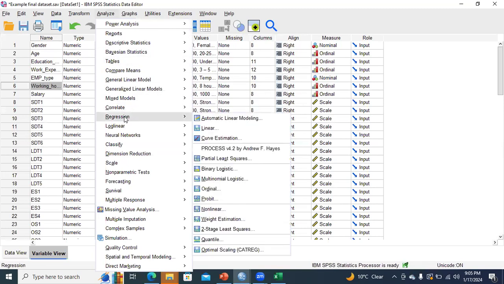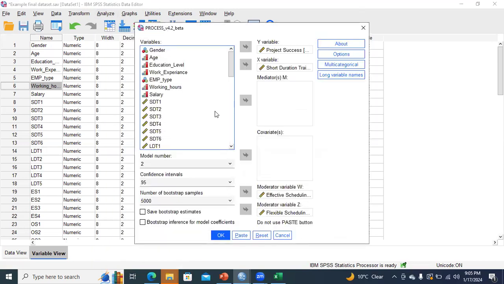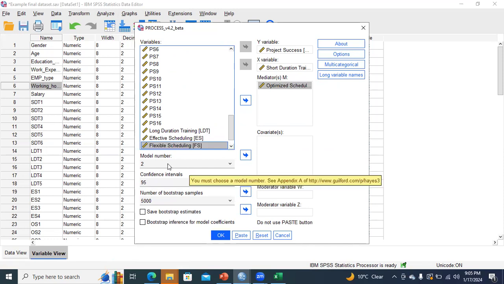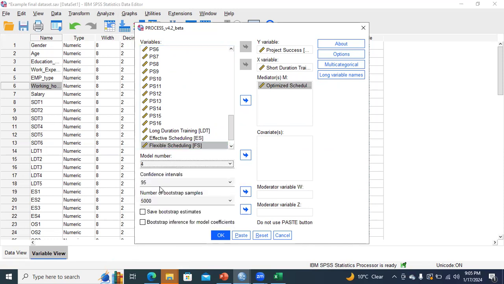So this is how I need to use it. I go to Regression, then PROCESS by Hayes. I need to include the Y variable, project success, the X variable, short duration training, and I need to put a mediator over here. And the mediator was optimized scheduling. I need to put it over here, and I need to exclude both moderators from here because I just want to know the impact of mediation, and I need to choose model number 4 from here as per the required standard of the Hayes process.